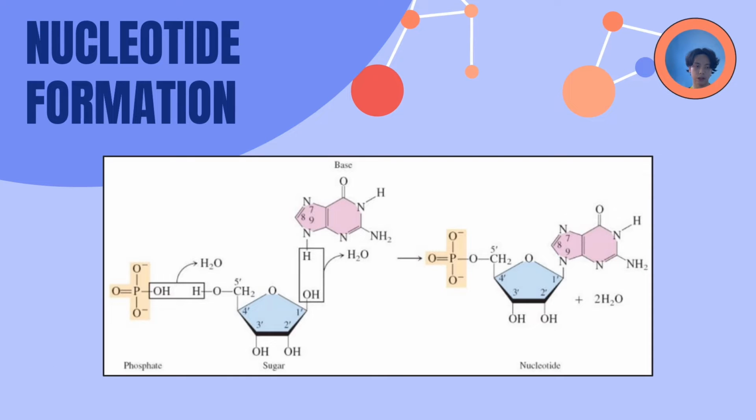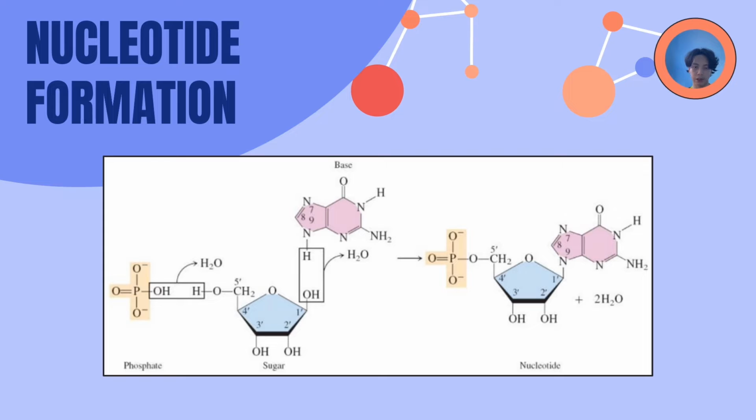Next is nucleotide formation. The formation of a nucleotide from sugar, base, and phosphate can be visualized as occurring in the following manner. Important characteristics of combining these 3 molecules to form a nucleotide are, first, condensation, or the formation of a water molecule. Second, the base is always attached at the C1' position of the sugar.